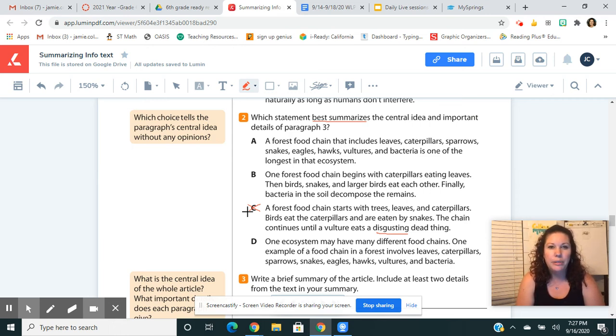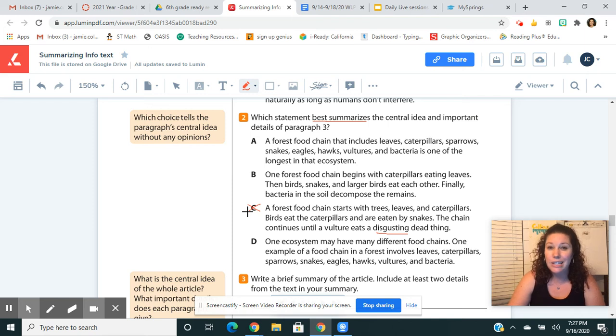Is there another one that we were like, that's not going to work for us? So a forest food chain that includes leaves, caterpillars, sparrows, eagles, vultures, and bacteria is one of the longest in the ecosystem. I'm not sure, I don't remember if it said that it was the longest in the ecosystem, so I would definitely have to go back and reread, and that's another reason why we do the 3-read protocol.